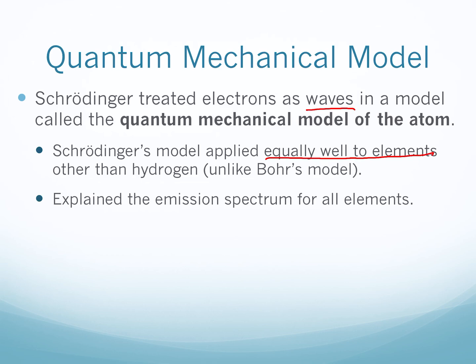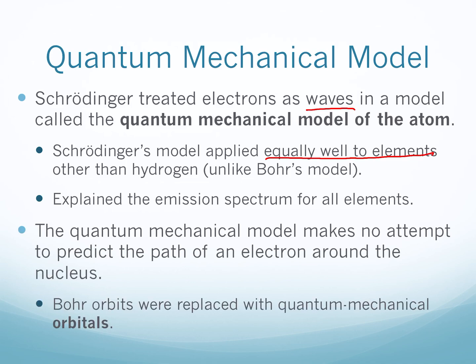This now explained the emission spectrum of all of the elements, which was cool, because the Bohr model only explained the emission spectrum for hydrogen. That was how they realized the Bohr model can't be right, because it didn't explain all of these colors we were seeing for the other elements. It worked just great for hydrogen. We could explain all of those different lines. But as soon as we started looking at other atoms, it didn't anymore.